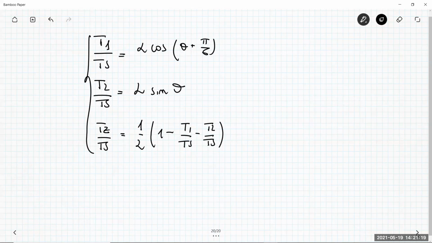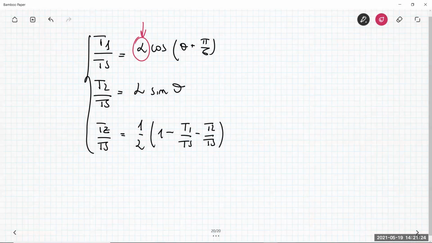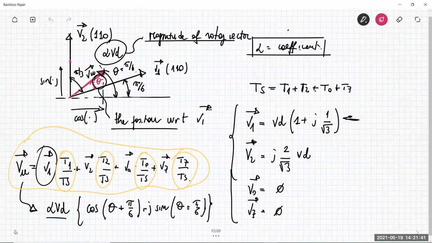Anytime you have a vector and you have this coefficient here, this coefficient is exactly the amplitude modulation factor that I need. Basically, I consider the amplitude of the rotating vector as represented in this way, in which you have this coefficient alpha by Vd. So this exactly represents the length of this vector with respect to the input supply voltage Vd.